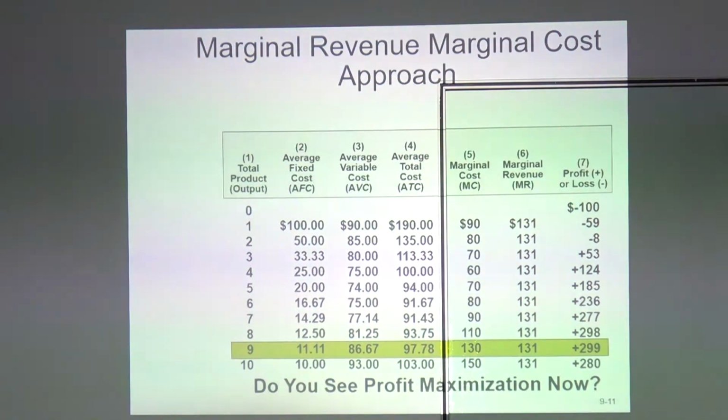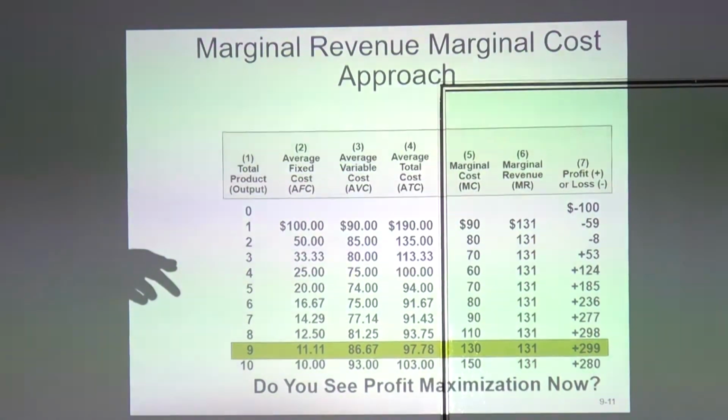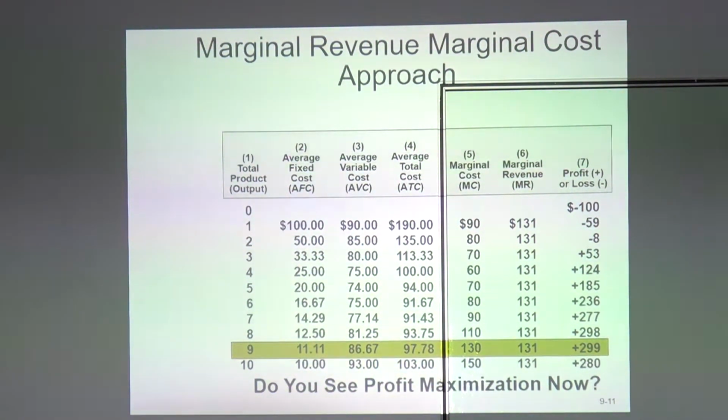At 9 units, what is the value? Number 4. 9 units. Is there 9 units? There is. 11.11. To the right? Next to it? 86.67. Next to it again? 97.78. Oh, okay. So the cost per unit is 97.78.